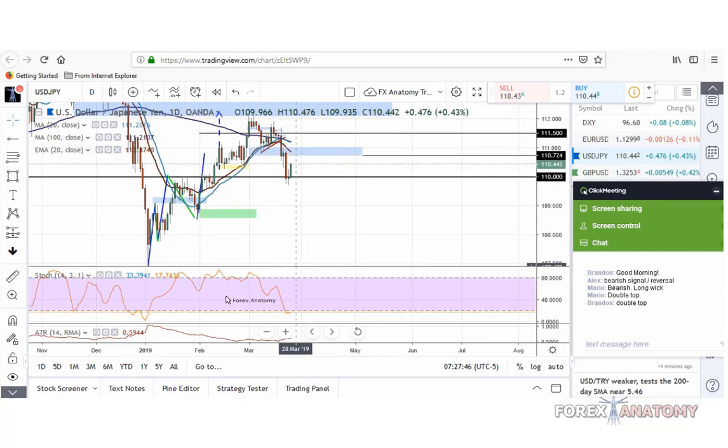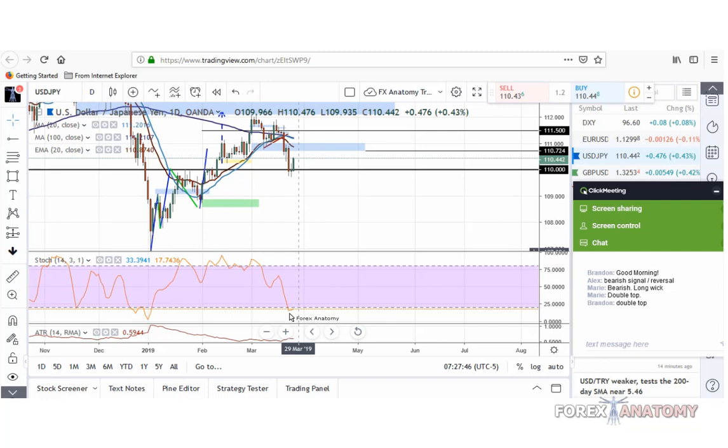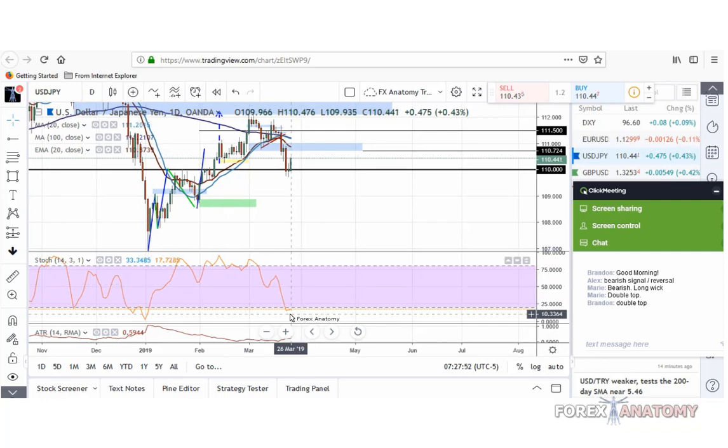On our slow stochastics, it's oversold, and there's a possibility that we could see momentum cycle upwards and push price a little bit deeper to the upside, or have a deeper correction in price.